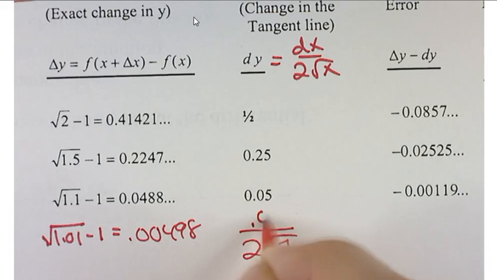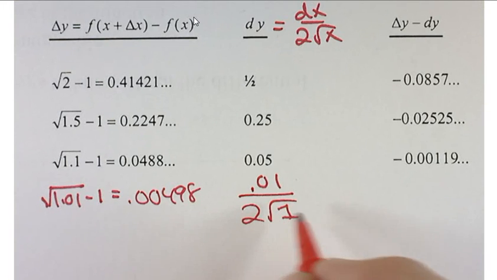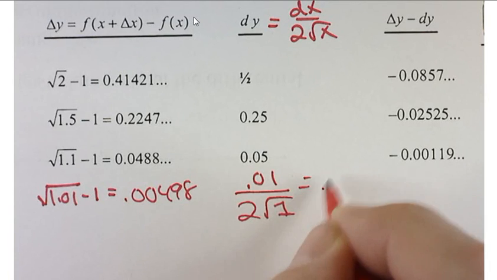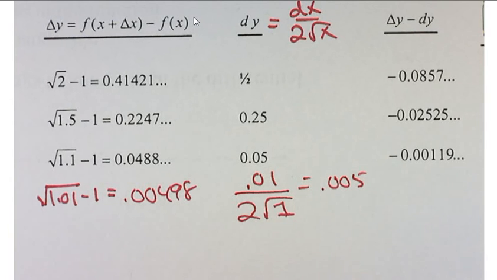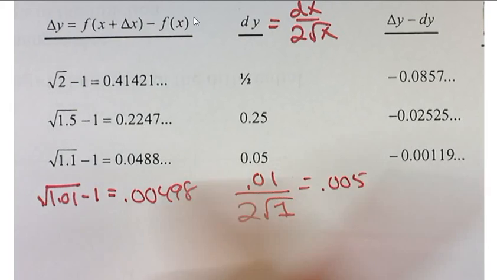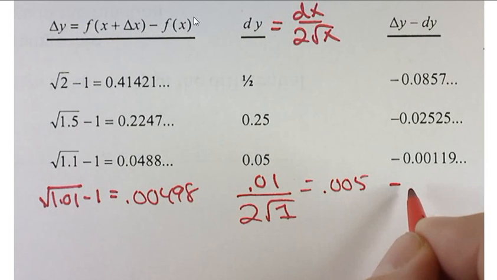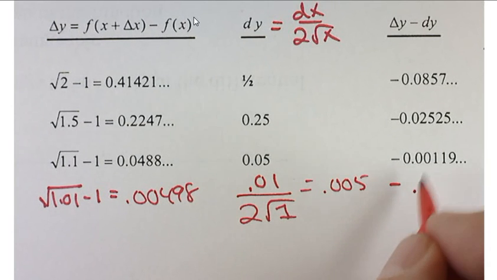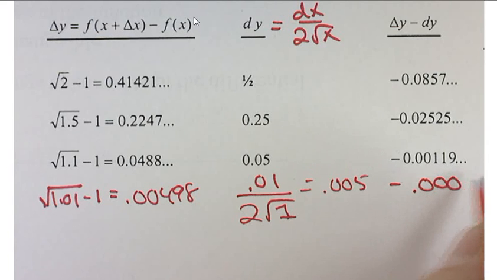So 0.01 divided by 2 is going to be 0.005. So this is the exact change in the function. That's the approximate change in the function. That's pretty good. The difference between these two is about 0.00040 something, according to what we have here.